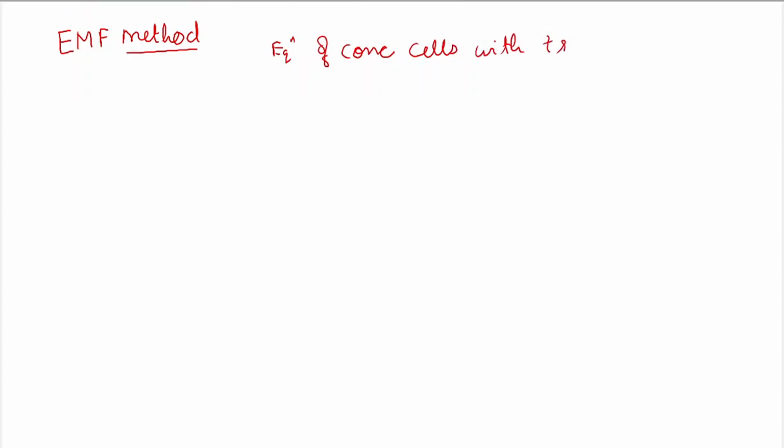The next method is the EMF method. In this method we will be utilizing the concept of concentration cells with transference and without transference, so we will be utilizing the equations of concentration cells with transference and without transference.